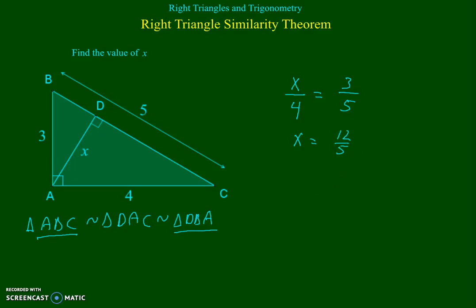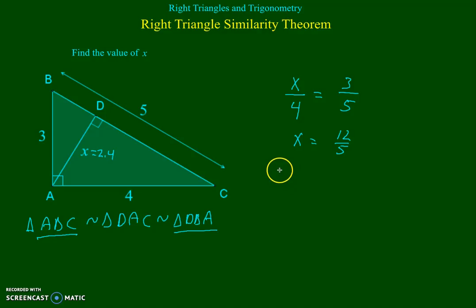Now just as a cross-check, we're going to verify that this is in fact the right answer. So we're going to say that this is 12/5 and that's x, and 12/5 comes out to 2.4. So this is 2.4. Now we're going to use this and this with the Pythagorean theorem to find out BD.